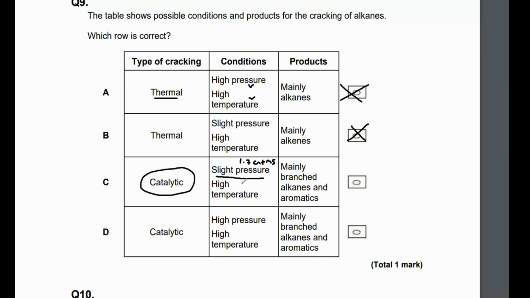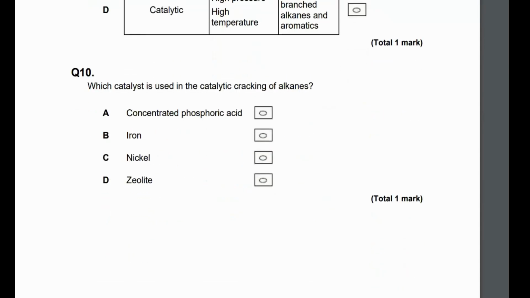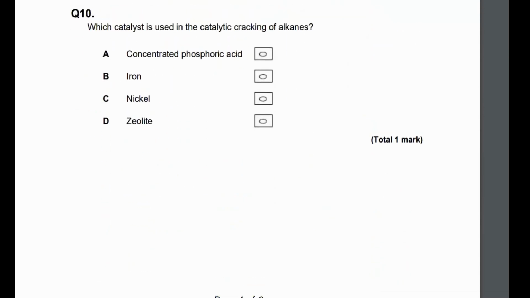It does have a high temperature, not 1,000 as I put there, about 300 to 500 degrees. And the big giveaway for catalytic is that if you use a low pressure, you can form mainly aromatics. So that is correct. Those are the conditions if you want lots of aromatic hydrocarbons formed. Question 10. Which catalyst is used in the catalytic cracking of alkanes? We've had this before.